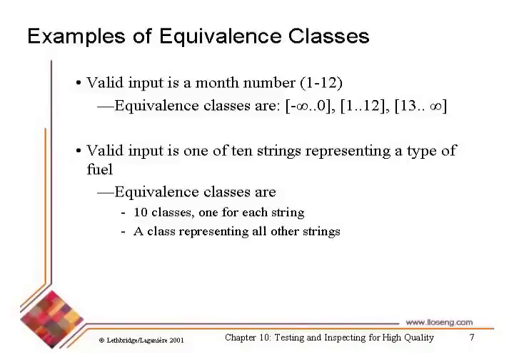Well, we would normally say that there are 3 equivalence classes. One equivalence class is valid data, 1 to 12, in that range. Another equivalence class is values that are greater than 12, so 13 and above, and I'm using the infinity symbol here to indicate numbers which are logically the largest number that could be represented by this system.